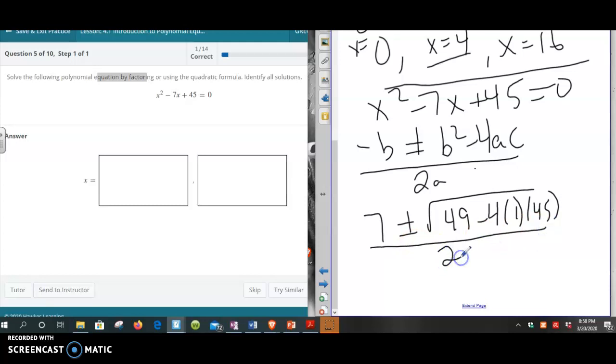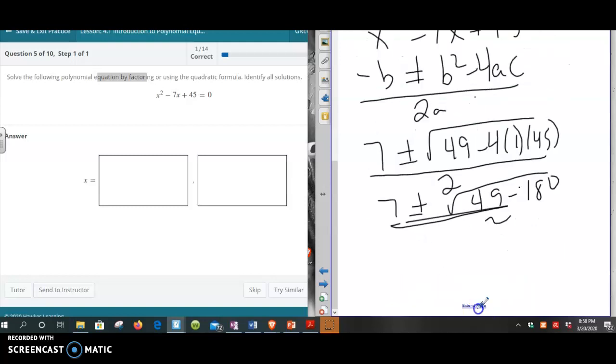Am I going to get a negative number inside the radical? Let's see. 49 minus 4 times 1 times c. It looks like I'm going to get no real answer. Let us see. So I'm going to get 7 plus or minus the square root of 49 minus 180, all over 2.